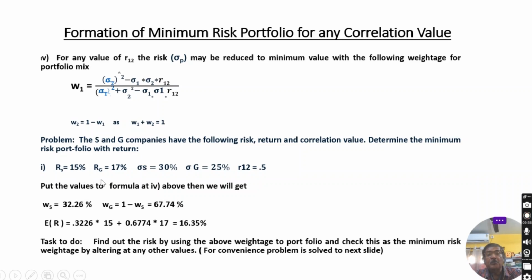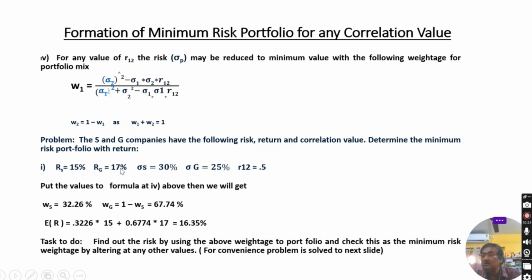Say this is a problem. The S and G companies, two companies' shares are in front of you, and you are going to purchase them. From the past records, you have computed the return for company S is 15%.